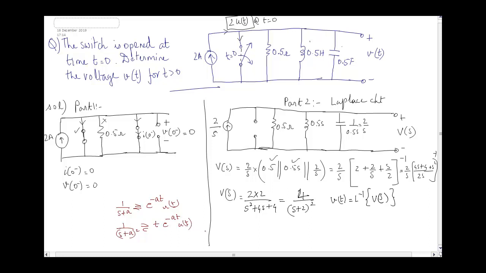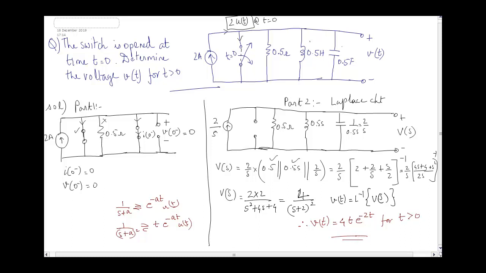We already know this by property, so I will straight away write, therefore V of t is going to be, 4 I will take outside, the remaining 1 divided by S plus 2 the whole square is t e raised to power minus 2t u of t, for t greater than 0, and that is going to be the answer for this one.